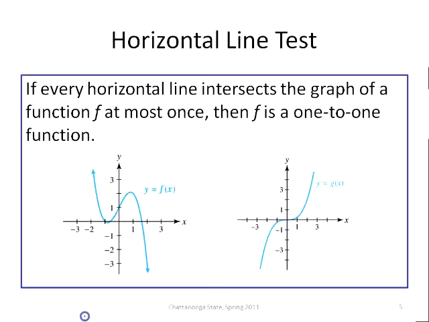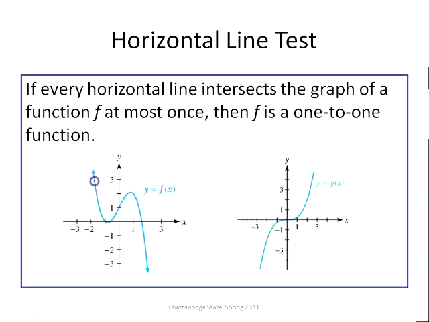And what I just mentioned about the horizontal line leads us to what we call the horizontal line test. Remember that to determine if a graph is a function, we use a vertical line test. But to determine if a function is one-to-one, we use a horizontal line test.